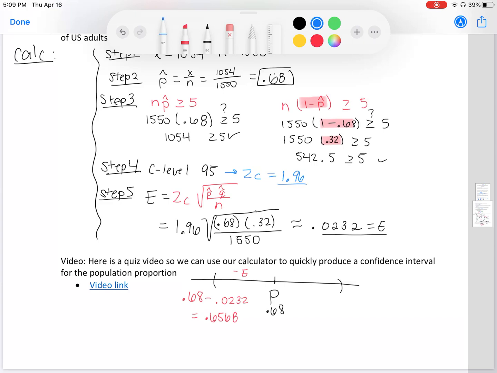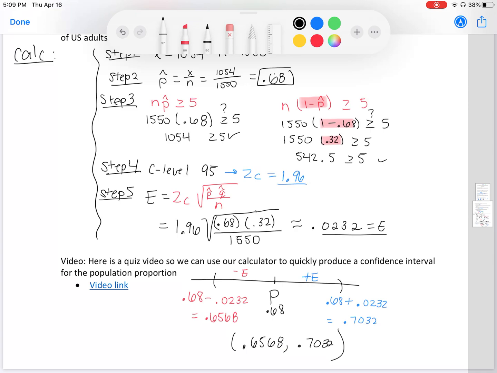We take that same p and add that E, so 0.68 plus 0.0232, and we get about 0.7032. Those two make up our answer. So our answer is between 0.6568 and 0.7032.